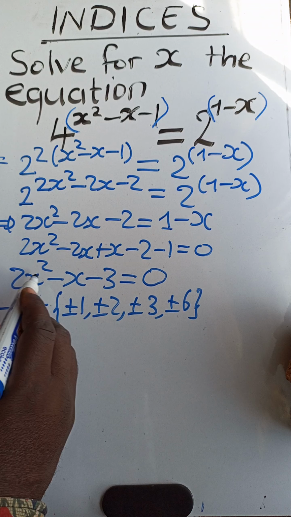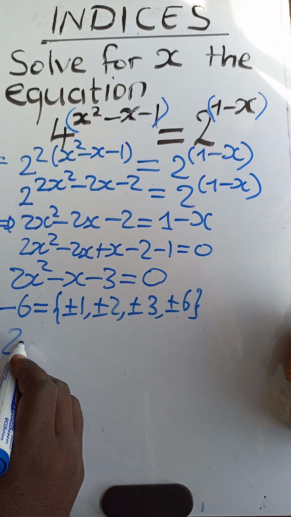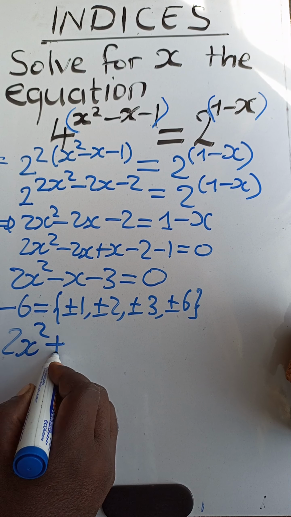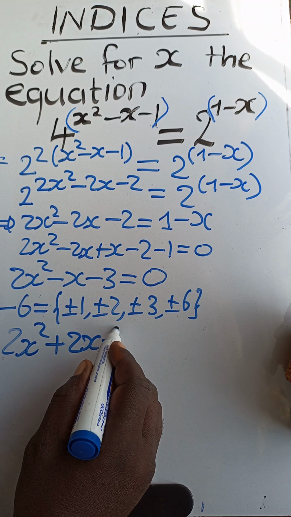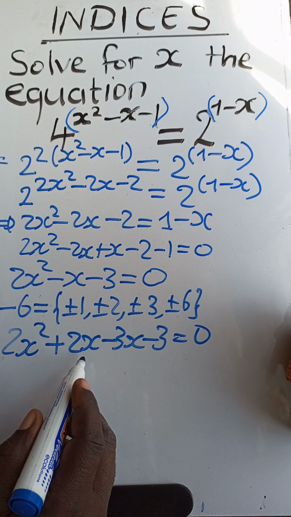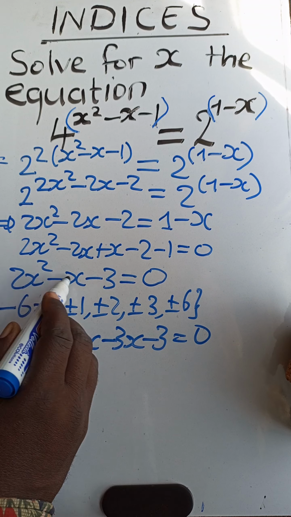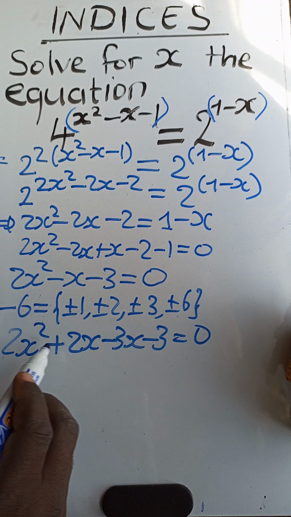All right, so this expression, we will rewrite it, putting that positive 2 and negative 3. So we have 2x squared plus 2x minus 3x minus 3 is equal to 0. Look at it, 2x minus 3x, negative x. So this expression is exactly this expression.